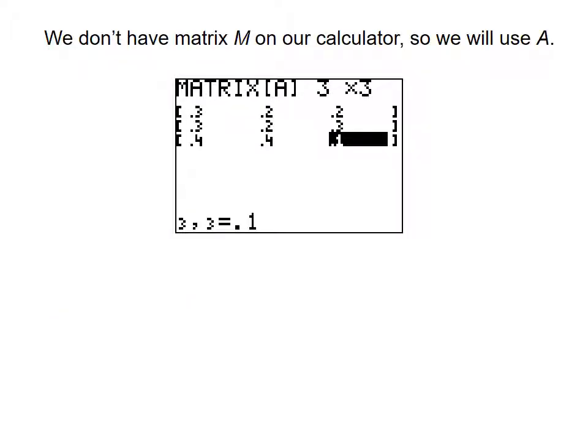Now the matrix names on our calculator don't go up to M, so we have to choose another letter besides M. If we use A, we can go to Matrix A and enter that into our matrix editor. Likewise, we need to enter Matrix D through our matrix editor.